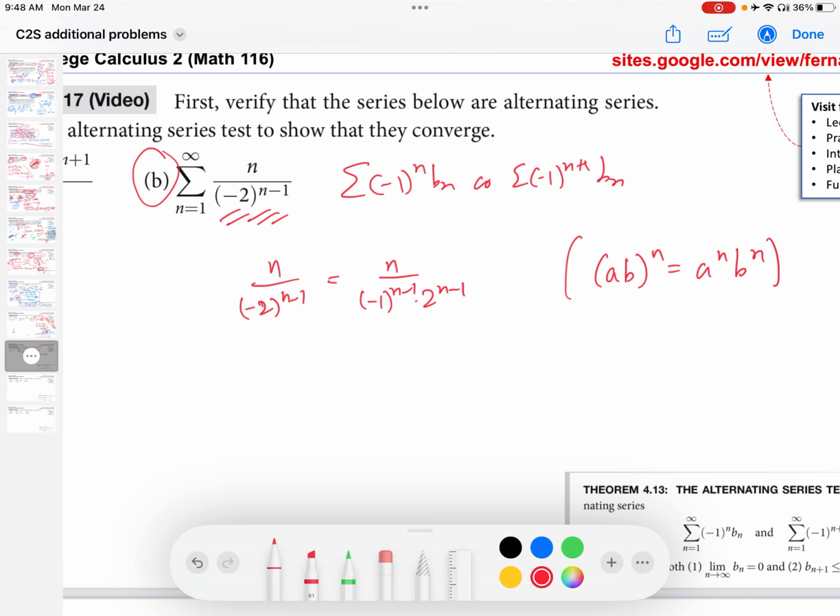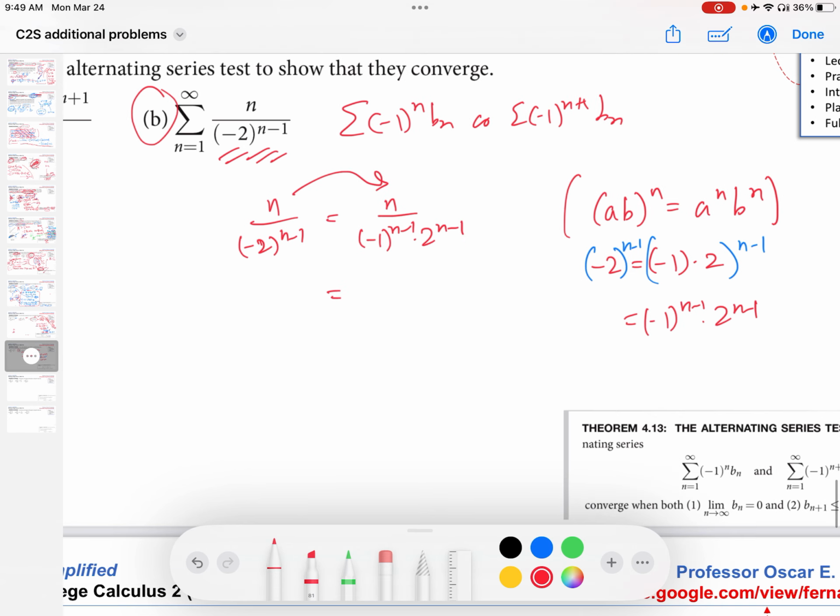So that's a rule of exponents. So negative 2 is negative 1 times 2. So if I'm looking at minus 2 to the n minus 1, then I'm looking at this product to the n minus 1, which would be minus 1 to the n minus 1 times 2 to the n minus 1. Those are the details on how we get from here to here.